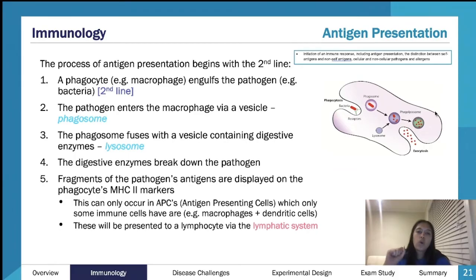We will then go and find our T cell or whatever, and we will show them this antigen, basically. So that's the idea there. And then the adaptive immune system will kick in. So you can see that antigen presentation is the link between your innate immune system and your adaptive immune system.